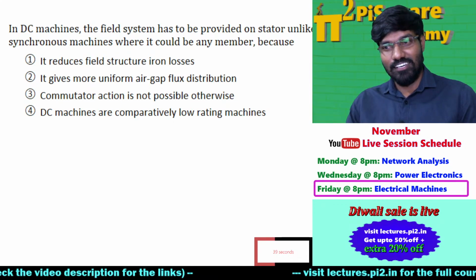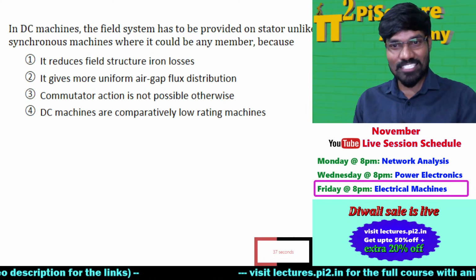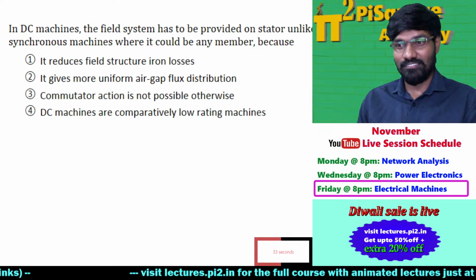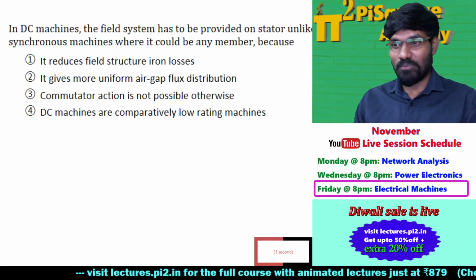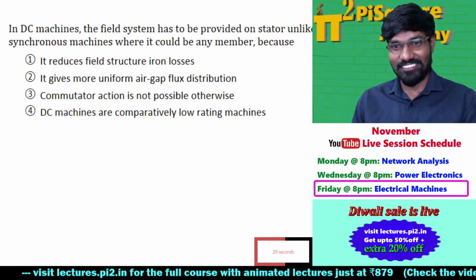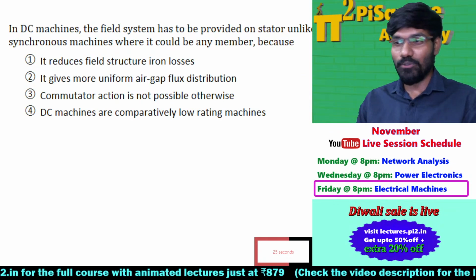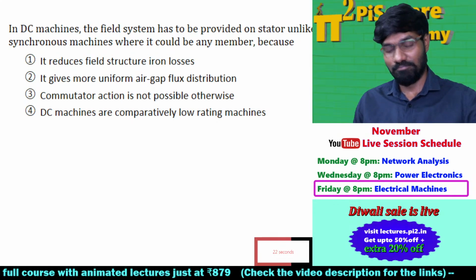Yes, answer is 3. You have answered already. Anusha Mohan, answer is 3. Commutator is not possible, action is not possible otherwise. Somebody is saying 4, that DC machines are comparatively low rating machines.